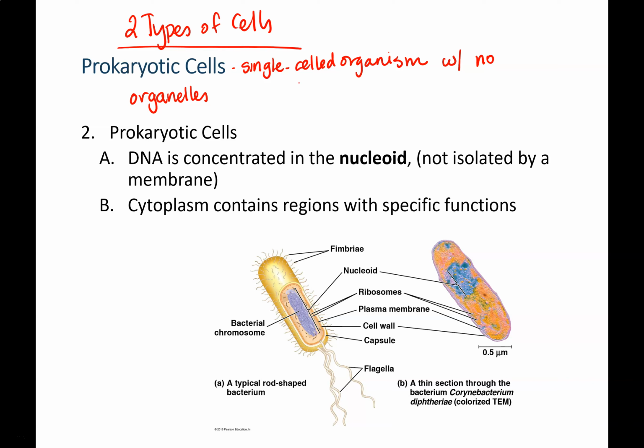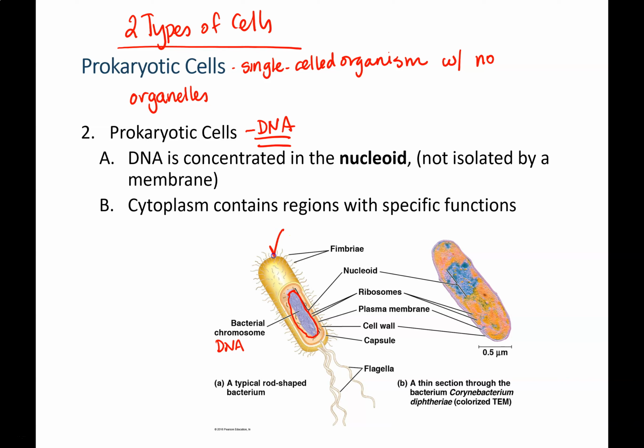So within prokaryotes, we have DNA, because all cells need to have DNA, and that DNA is concentrated in a region called the nucleoid. So that is represented here by this purple blob. Those are our chromosomes, or our DNA, so they're found within the cell.